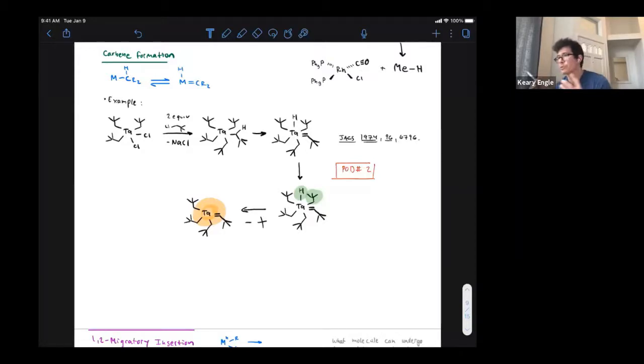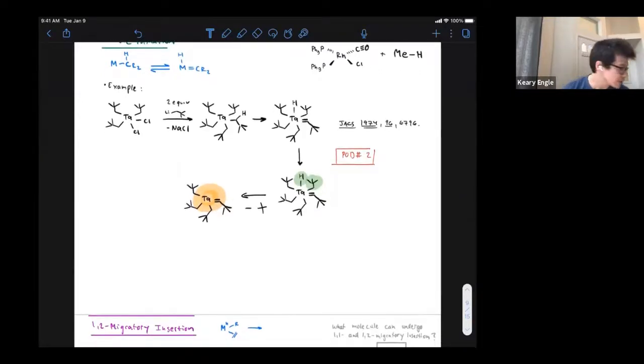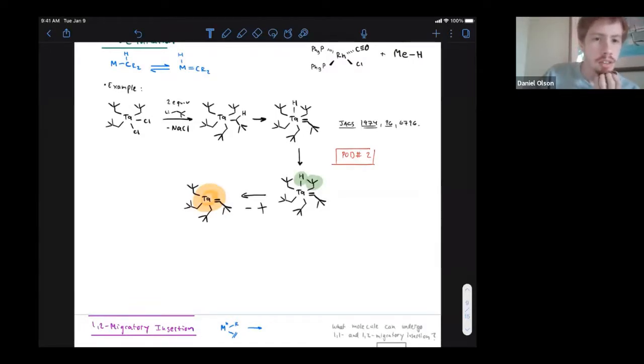And as we'll talk about in the next lecture, this carbene had properties unlike any other carbene known, which is why it got its own name, and ultimately led to Schrock's interest in olefin metathesis. Kiri, yeah. What's the geometry of that product? Is it square planar?